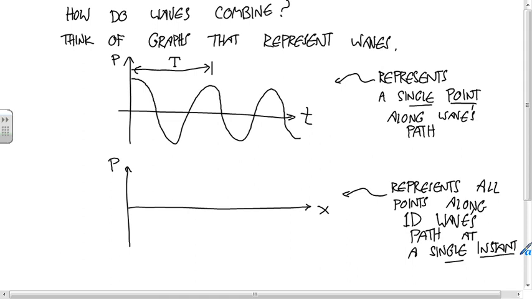So when you're graphing a wave, you have to choose whether you want to track the motion over time of a single point along the wave, or whether you want to track the motion of all the points, but only look at it at a single instant in time, okay?